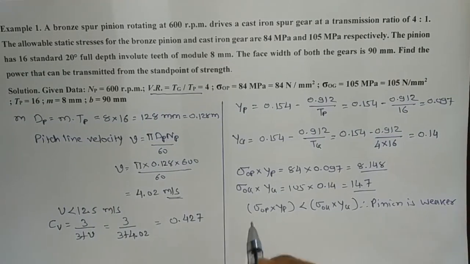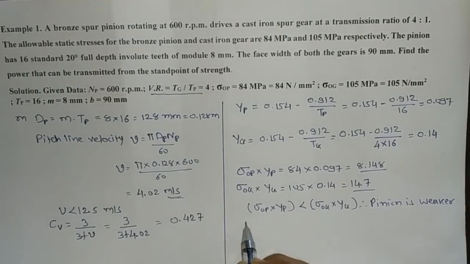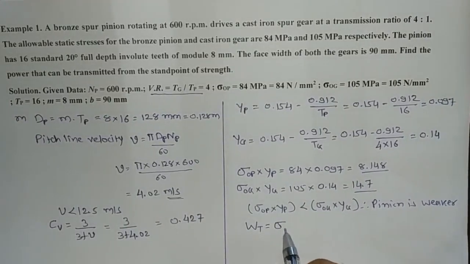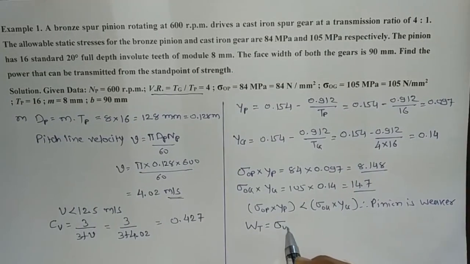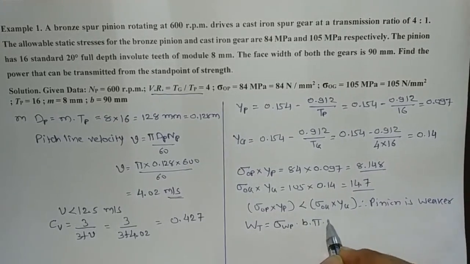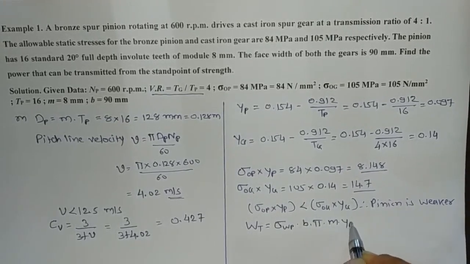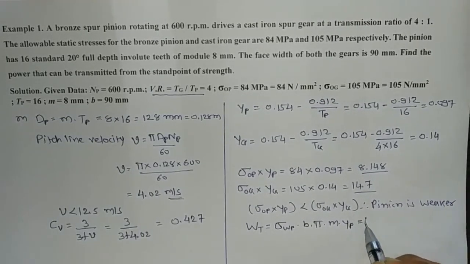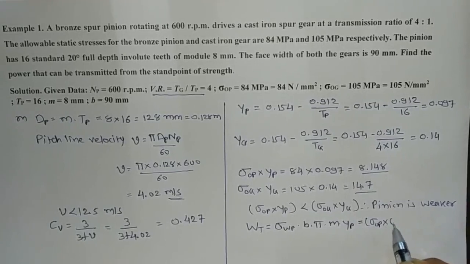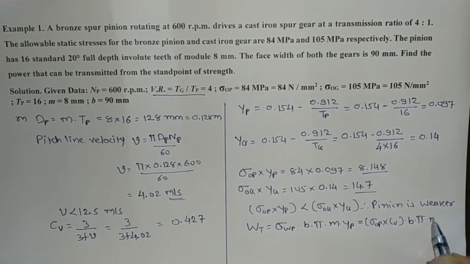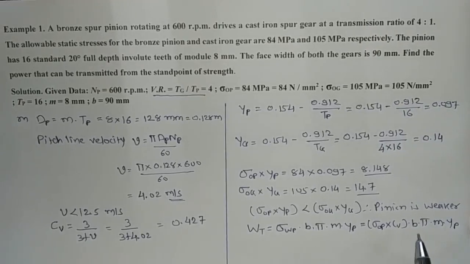So our design is based on the pinion. Therefore the tangential load Wt is equal to sigma Wp into B into pi into m into Yp, which is equal to sigma Op into Cv into B into pi into m into Yp.